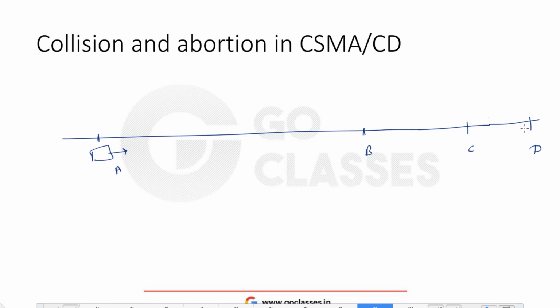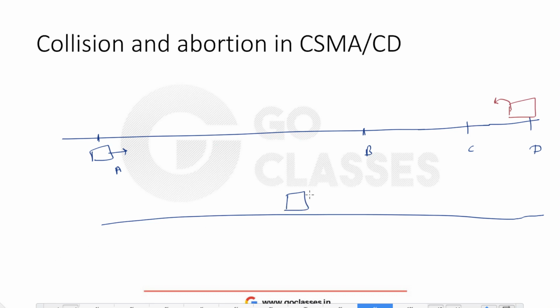And suppose D also wants to send some packet to A, then D will also sense whether the channel is busy or not. In this case, the channel is free, so D will also start transmitting the packet to A. Now after some time, what will happen? After some time, both packets will reach the middle, right? Suppose this is the packet of A, this is the packet of D. Since there are two packets, in this case, there will be a collision.